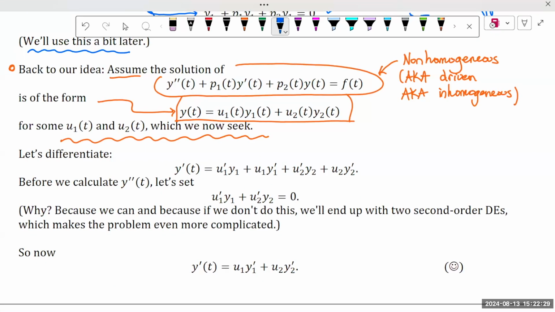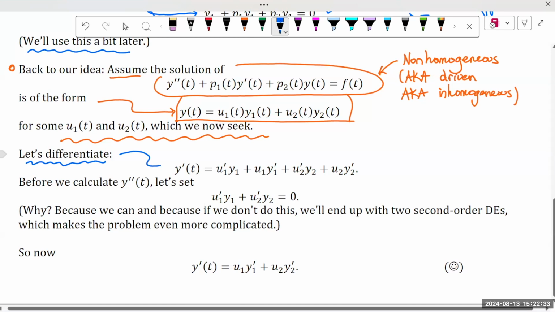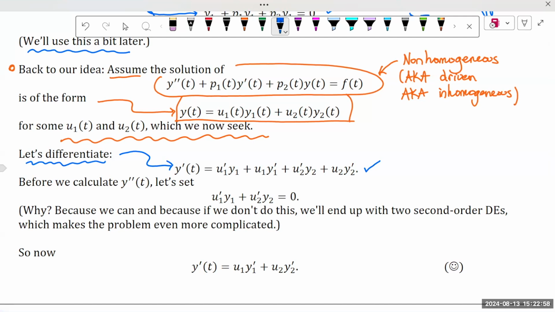Let's first differentiate our general solution. Now remember, because we are differentiating products of functions, we do have to use the product rule, which ends up giving us a u1 prime y1 plus u1 y1 prime plus a u2 prime y2 plus a u2 y2 prime. We can see that this might start getting a little bit hairy if we differentiate a second time.